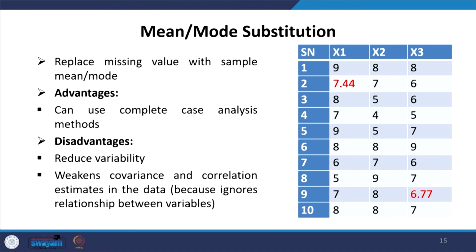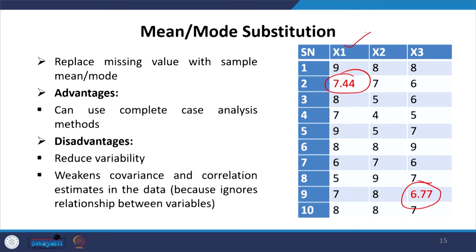Now coming to the mean or mode substitution based approach to deal with the missing values. One is that you can replace missing values with the sample mean or mode. For the variables x1, x2 and x3, we either replace the missing value with its mean value, or with the mode value, depending upon which type of variable you are considering.